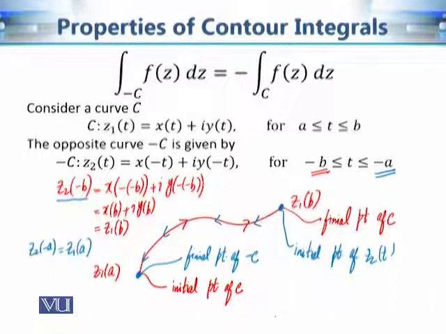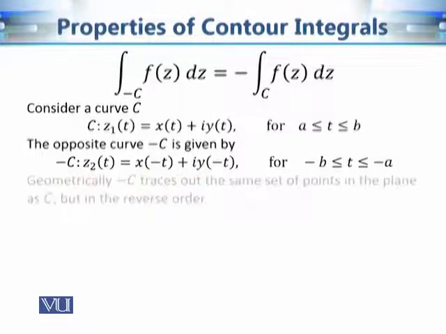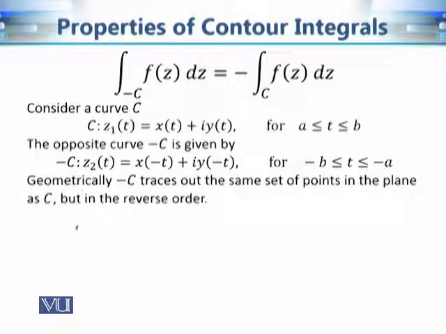Once again the geometric path is the same, but the direction of travel is different. Geometrically, minus C traces out the same set of points in the plane as C, but in the reverse order. If z1 travels from z1 of a to z1 of b, then minus C will trace out the points starting from the point z1 of b.